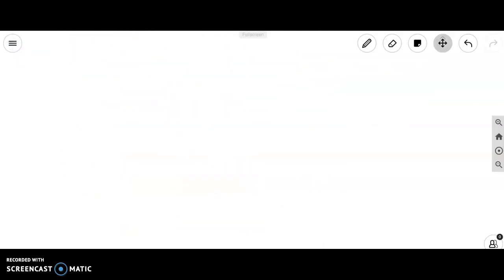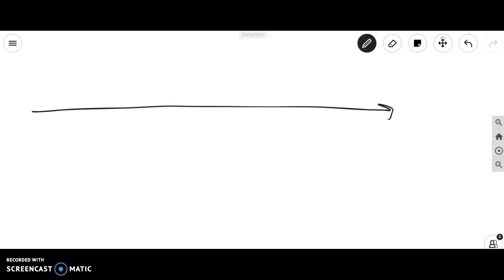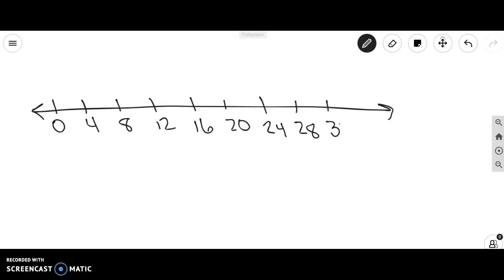All right, here's our next number line. Always start at 0. Okay, and the hops, they're going to give you the hops.